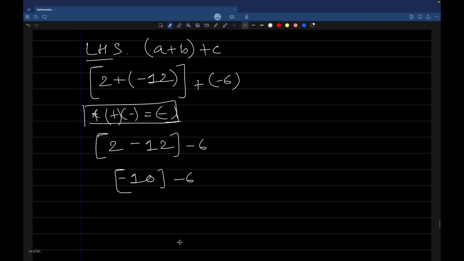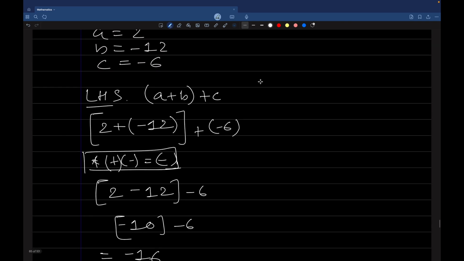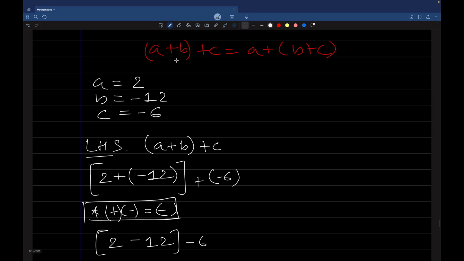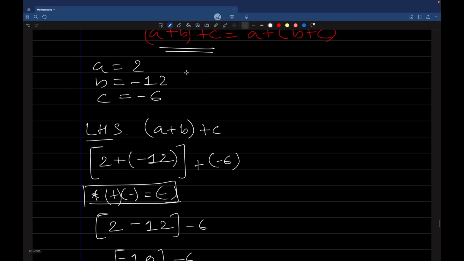If you are facing difficulty in addition or subtraction, you can see lecture 1. In that lecture I have explained the subtraction and addition of integers in a very simple way. Now minus 10 minus 6 is minus 16. So this equals minus 16.